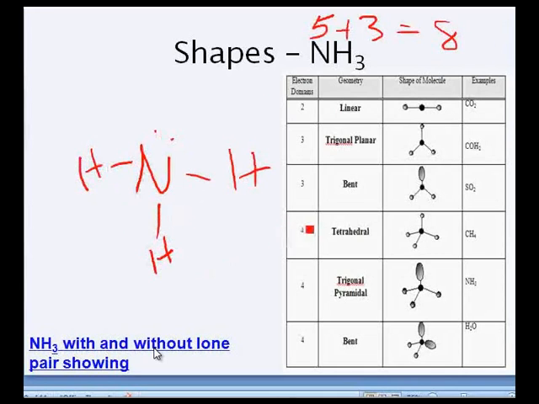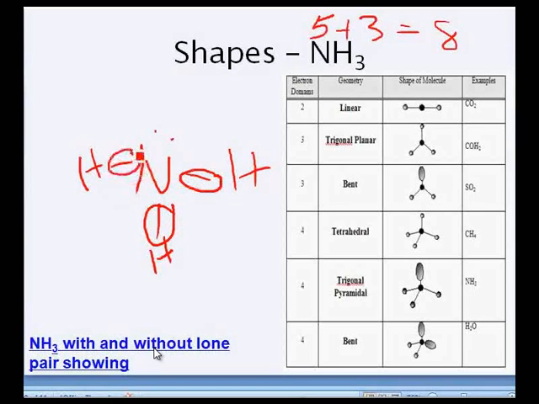Okay, so what I want to look for now, again, is how many electron domains are around the central atom. In this case, the central atom is nitrogen. So I have 1, 2, 3, and 4. Notice the lone pair counts as an electron domain. Okay, so what I have is 4 electron domains.